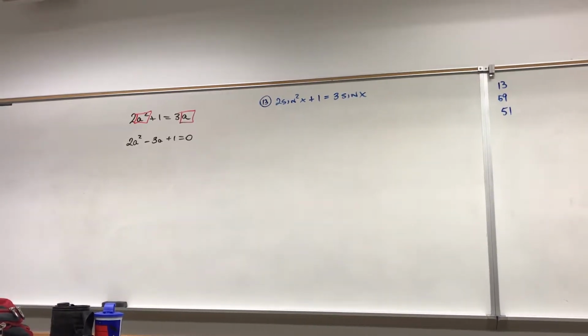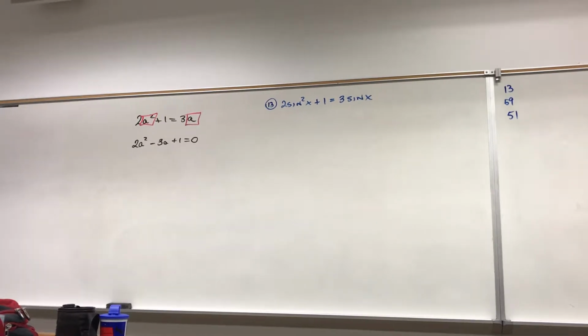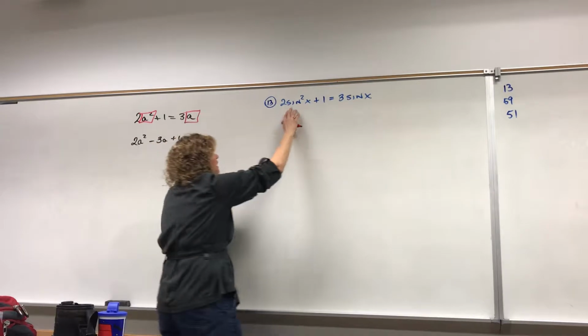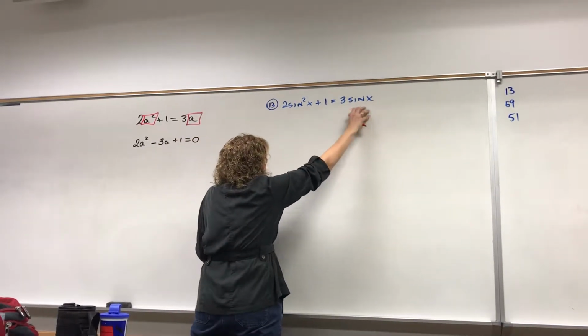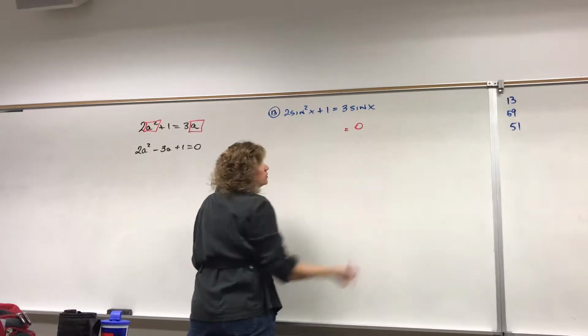If we simply had just the a squared, then we can get a squared isolated and square root both sides. For the same reason, we have sine squared and sine. So what we need to do is get this set equal to 0 and factor.